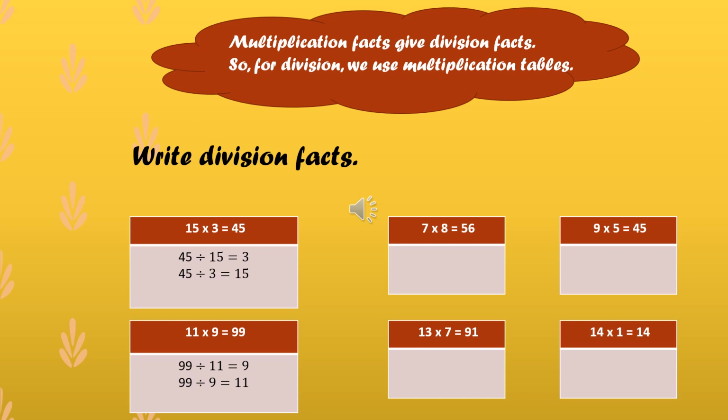Now, if we divide 99 by 11, then it gives us 9. And if we divide 99 by 9, then it will give us 11. Okay. So now, a few more questions are there for your practice. When you try these questions, this concept will be more clear to you.